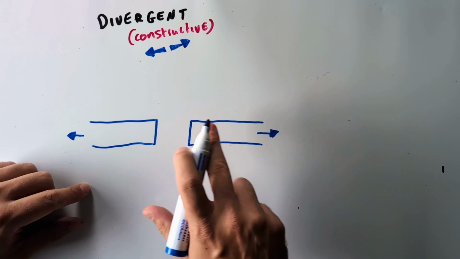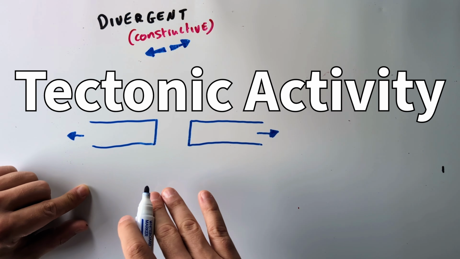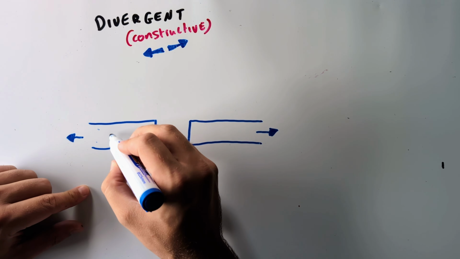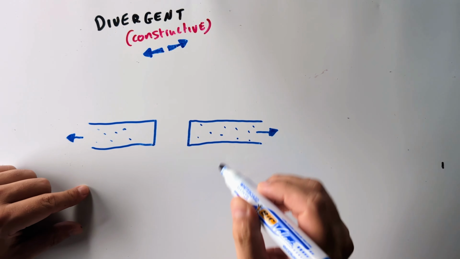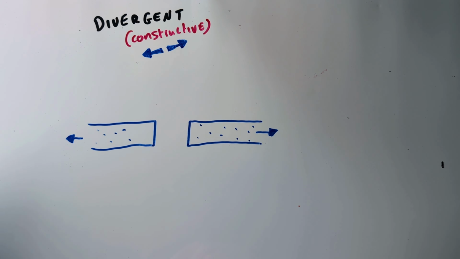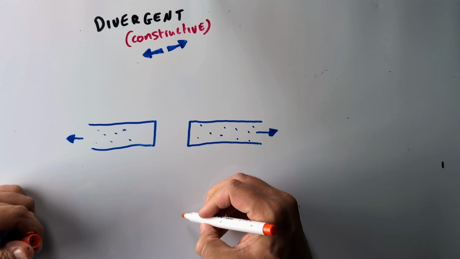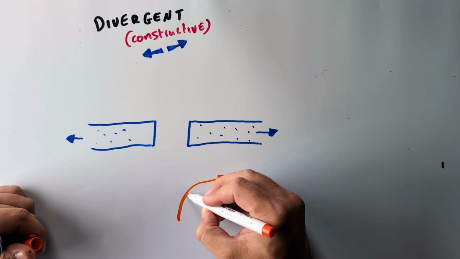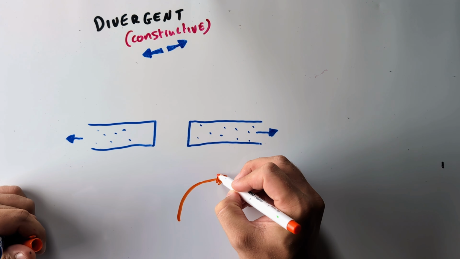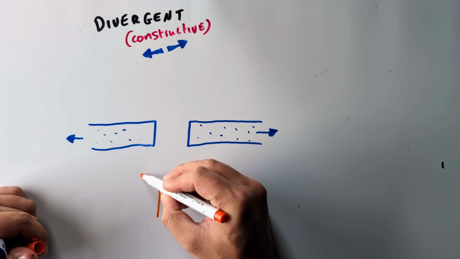Okay, so this is where we expect tectonic activity to take place. They are the same density because they are the same type of plate, oceanic, and they are moving in these directions. Again, same as before, they are responding to patterns in the mantle from our convection currents.